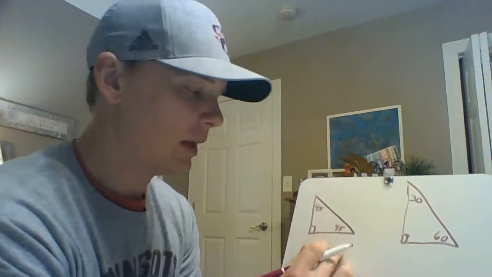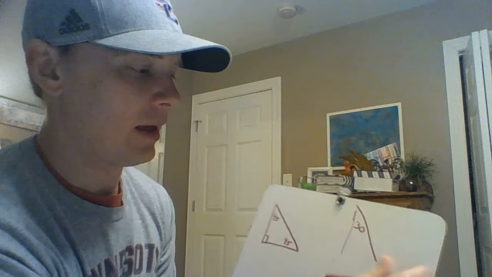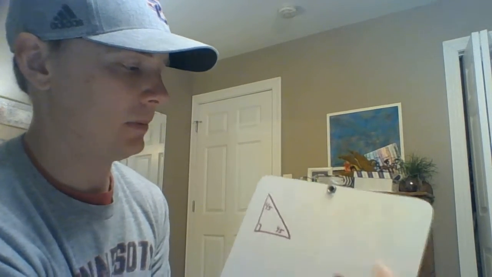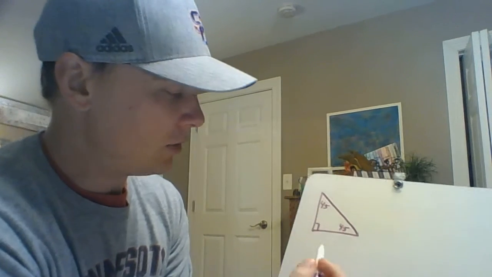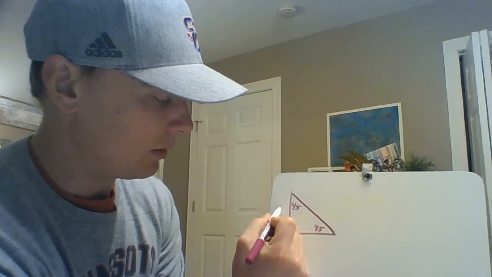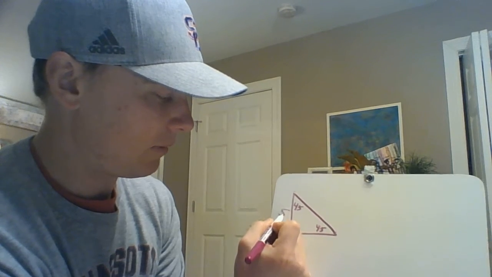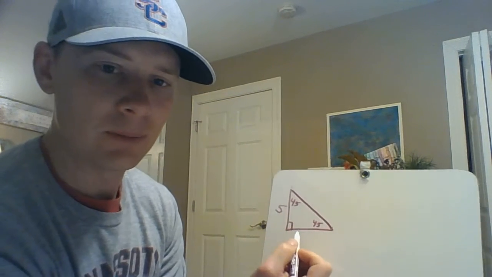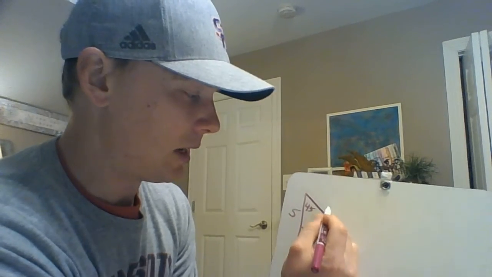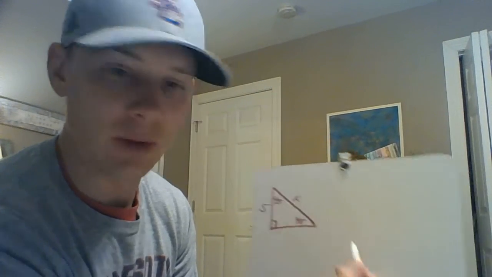But what we're going to do today is recognize this. If I had given you a number here, like 5, and you knew these angles, you would be able to use all the skills of trigonometry to find that hypotenuse, right?